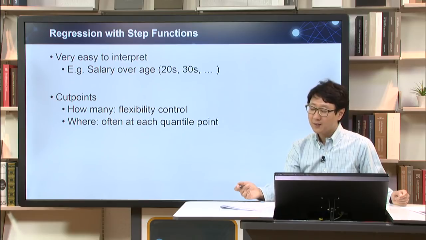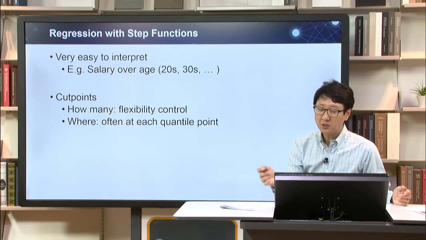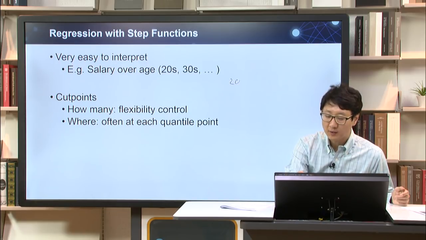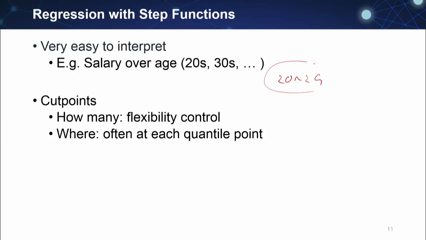But actually, these are regressions with step functions, where one step is between 20 and 29, because salary is modeled by one level. The next bin is 30 to 39, with another flat value, and so on. So you can find such cases in many other examples.